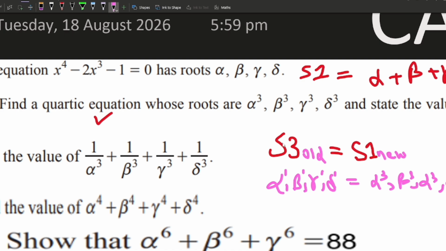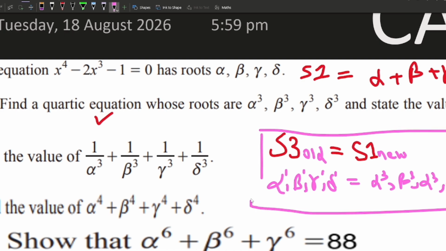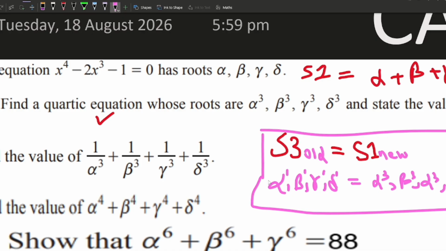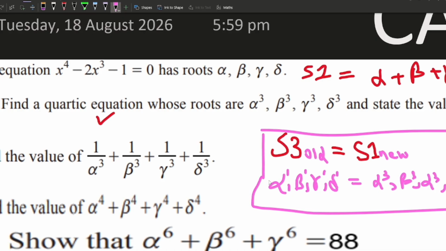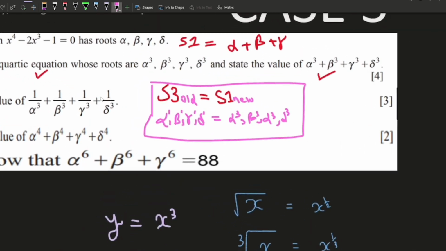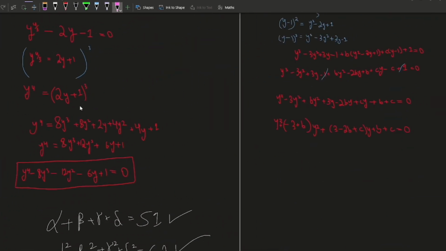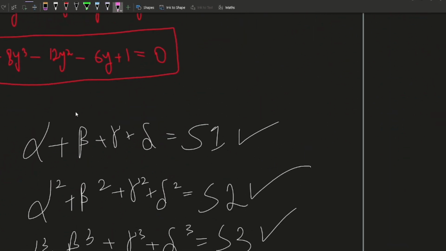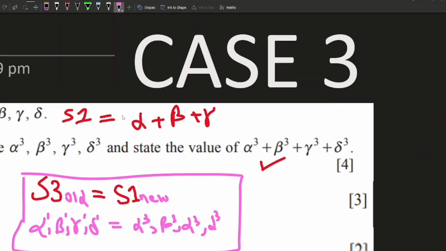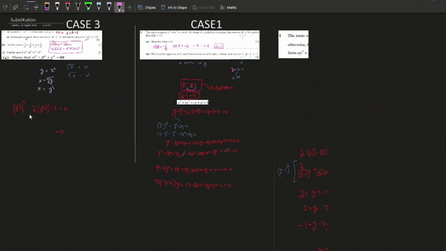This relation helps us reduce the steps, because if we were to find S3 using our older equation, we would have to find the value for S1, S2, and then finally S3, but we can skip all of that and find the value of S1 of our new equation.